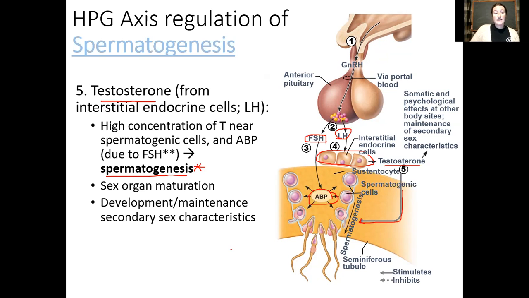Testosterone is really important in the development and maintenance of secondary sex characteristics. As I was saying before, the development of a beard, of a wider jaw, of thicker muscles, right? All of these things are secondary sex characteristics, which means that they are not directly involved in reproduction, that is sperm meeting egg, but they are associated with sex steroids and in fact produced by sex steroids.